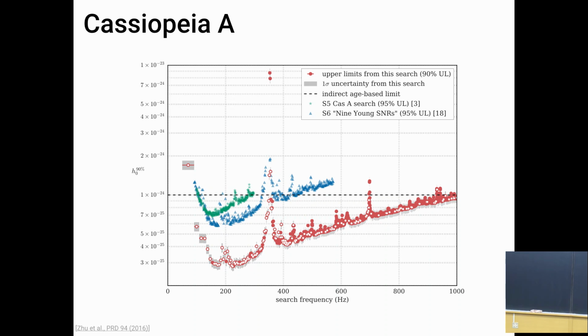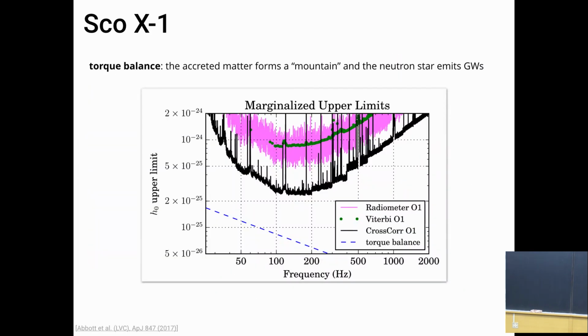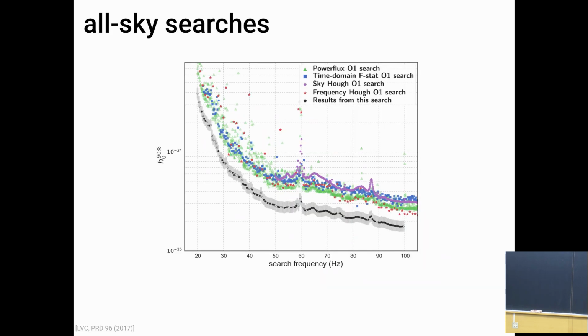For a directed search, isolated, we go down to a few times 10 to the negative 25. For a binary search, again, a few times 10 to the negative 25. For an all-sky search, also around 10 to the negative 25.